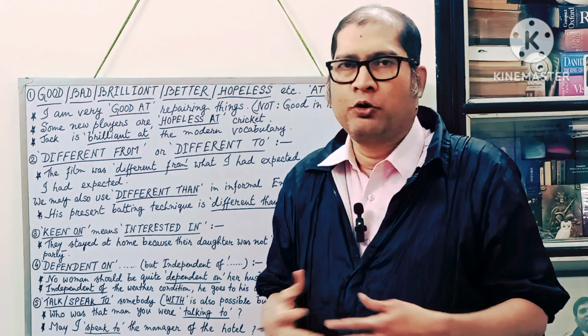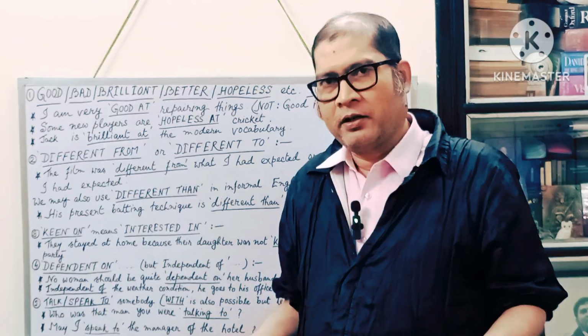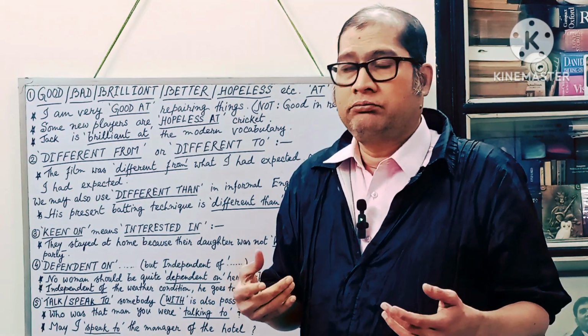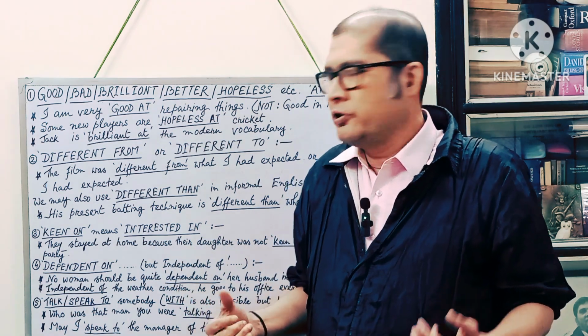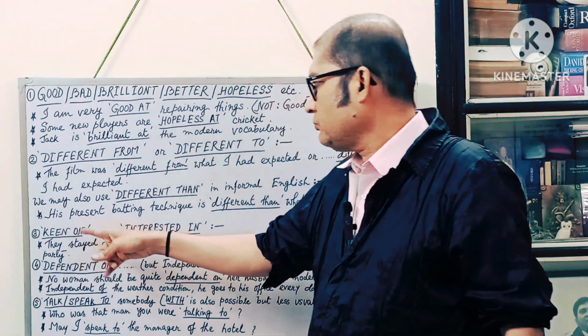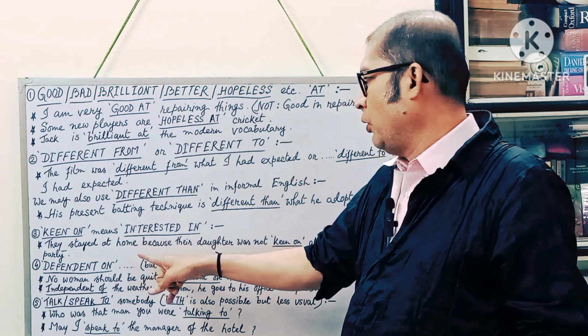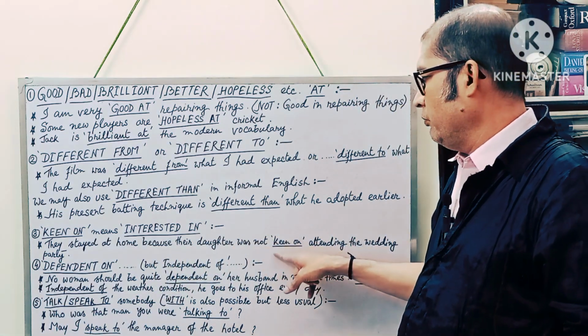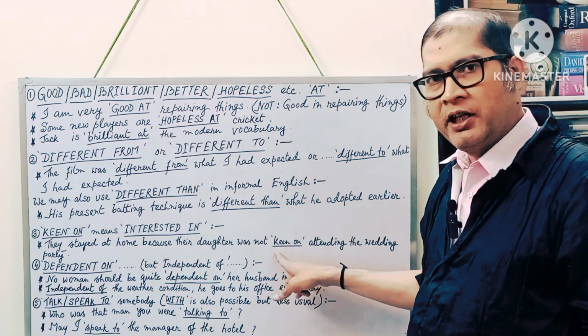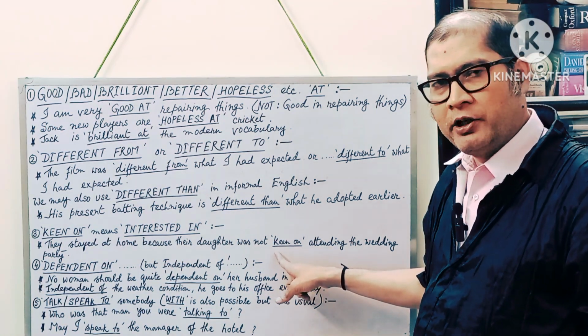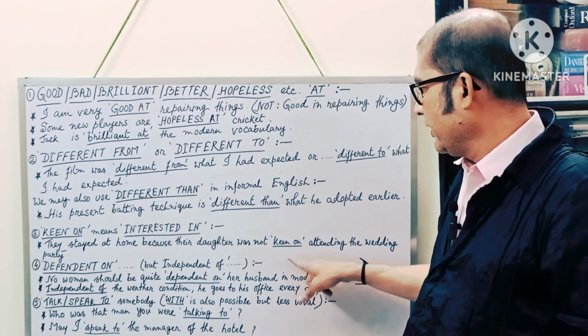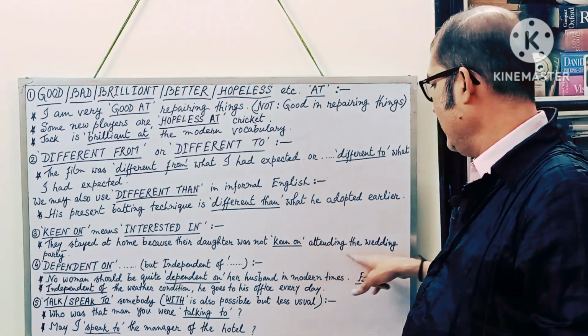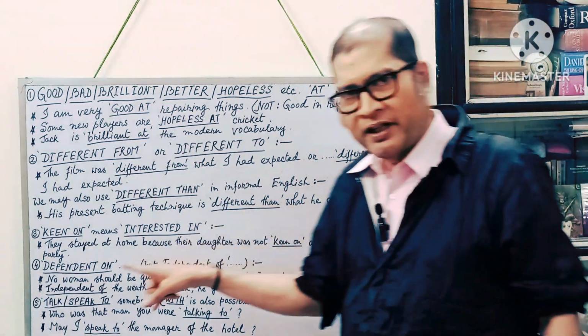So, what should you do then? You should stay back, or you will choose to stay back. So that's why it is written here. They stayed at home because their daughter was not, we are not using interested in, we are using this phrase, keen on attending the wedding party.